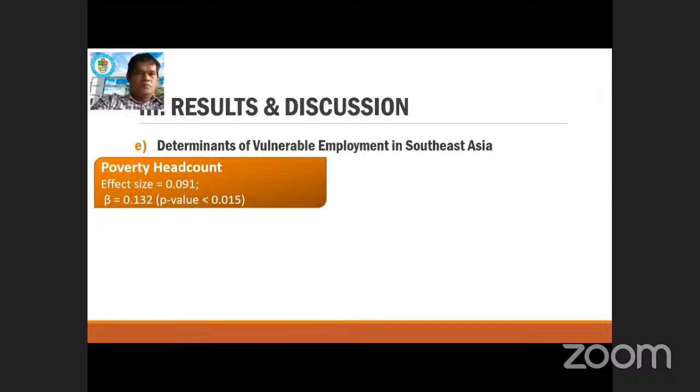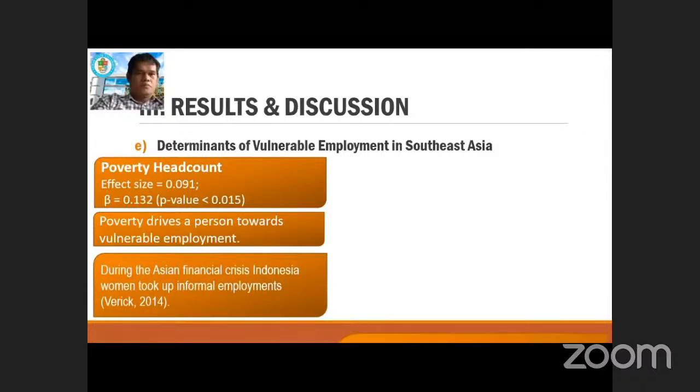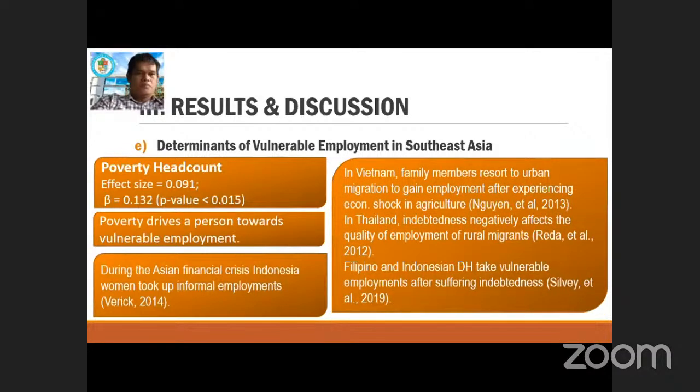Poverty headcount increases the incidence of vulnerable employment in Southeast Asia. This result implies that poverty actually drives a person or a family member towards undertaking vulnerable employment in order to make ends meet. In Vietnam, economic losses from financial shocks of their rural households reduce the quality of their employment, thus making them more susceptible to engaging in vulnerable employment.